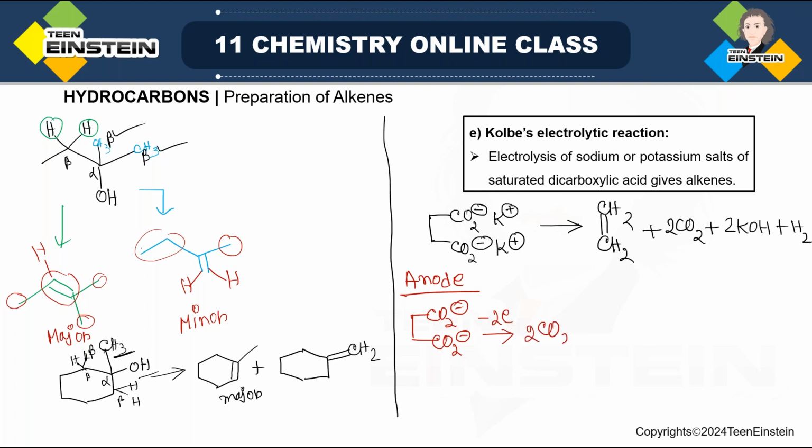There will be generation of radicals over these two carbons, and when these two radicals are connected to each other, you will get CH2=CH2. Fine. Sorry, this should be anode, because here oxidation is occurring.